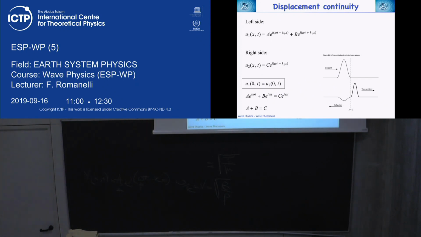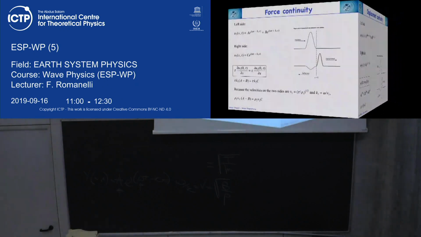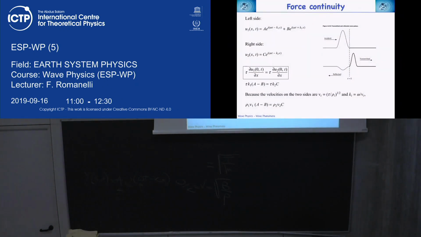Second one is a little bit more tricky, but we have to say, okay, look, left, right, let's compute the force. This tau is our T. Okay, it's the same, it's the tension. But now derivatives are going to work here, respect to x. So actually we have to take down k1 and k2 and take care about the signs.